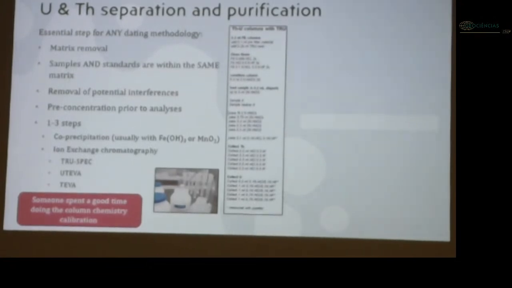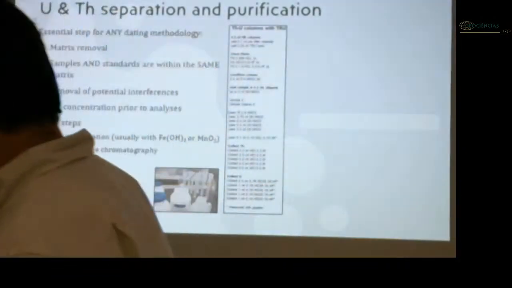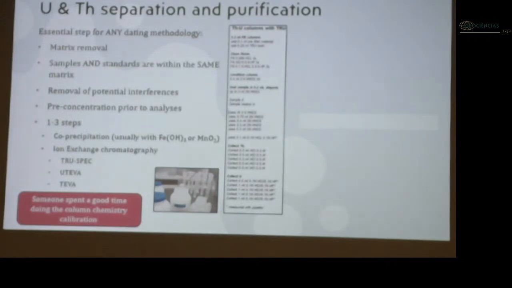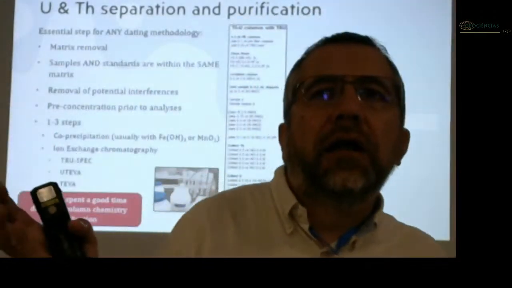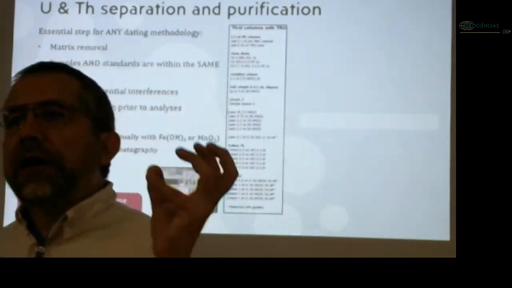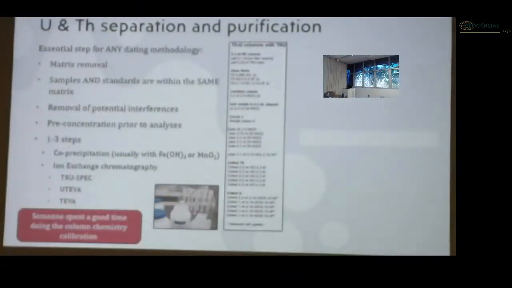And it basically includes a dissolution step, and then sometimes, not all the time, there's a co-precipitation. So basically what we do is we add some iron into the dissolved sample, and then we add a little bit of ammonia, and that precipitates the iron hydroxide, and the iron hydroxide will suck all the uranium and thorium, really quantitatively, really nice.